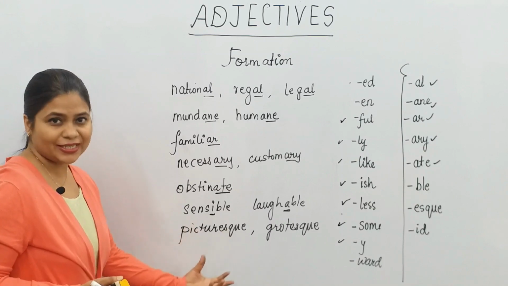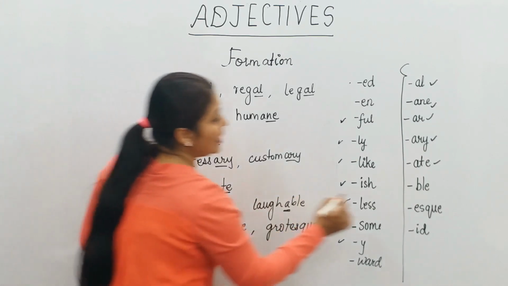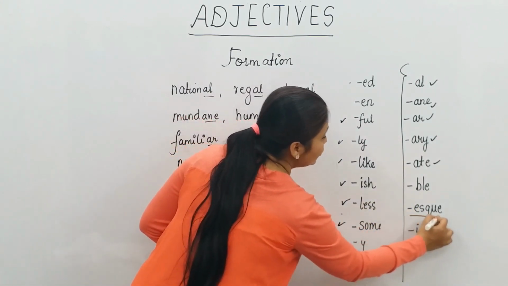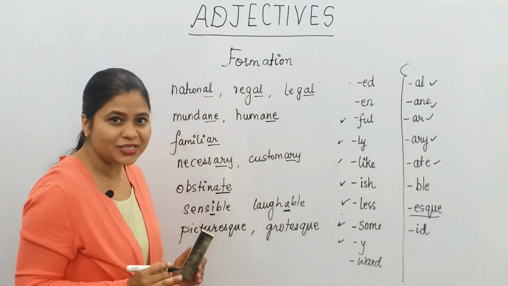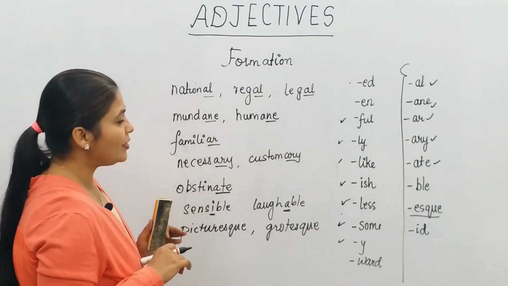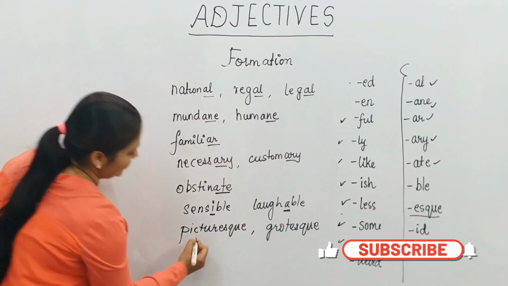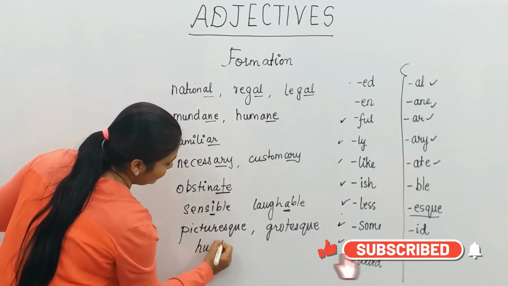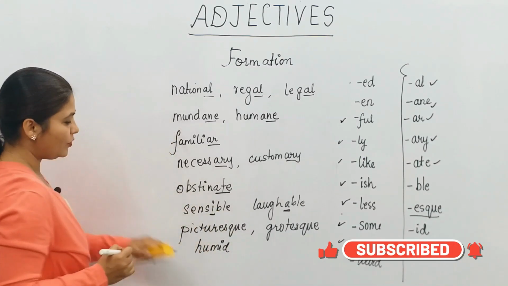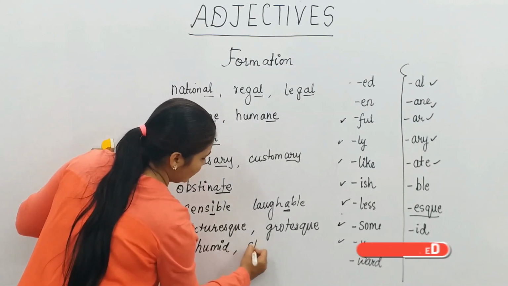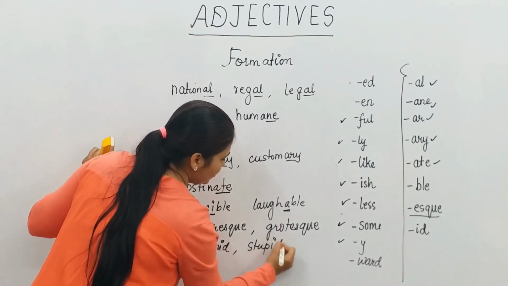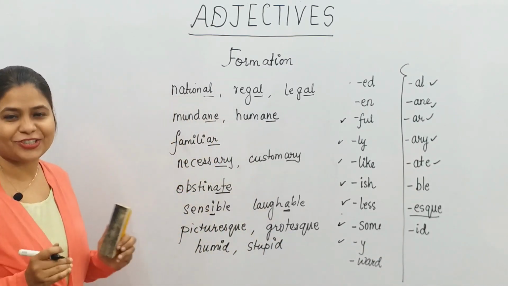Both are adjectives made by adding the suffix esque. Last one, id, I'll just give one word for it. Humid. Okay, let's go to one more. Not a very pleasant one though. Stupid. You made an adjective.